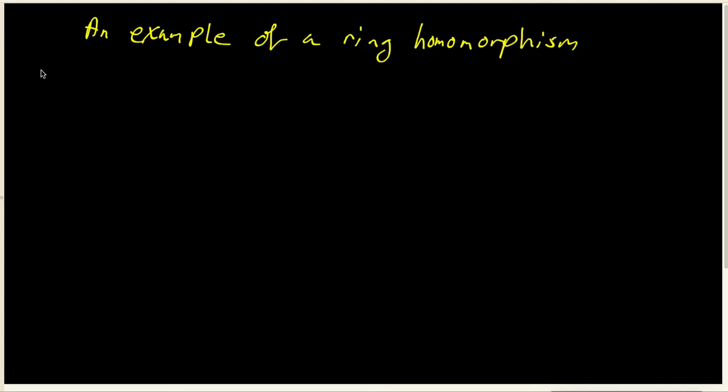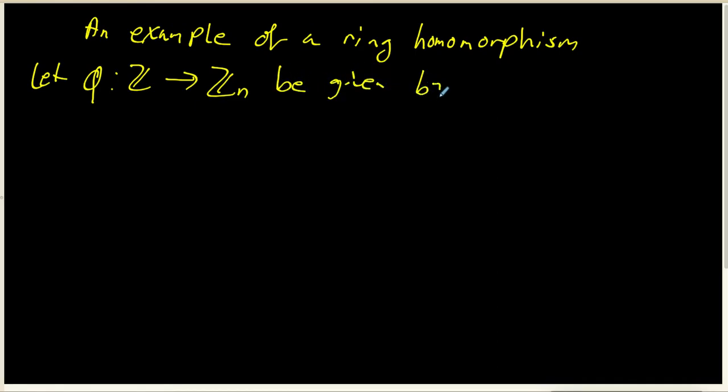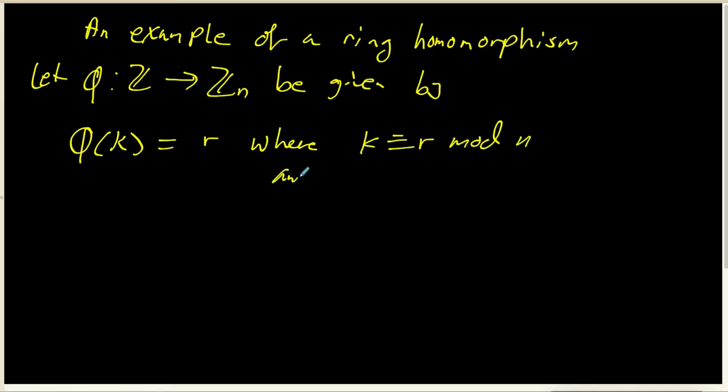So what we're going to do is let phi be defined as going from the set of integers to the set of integers mod n, and we're going to say that phi is given by the formula that phi of any integer k is going to be equal to r, where k is congruent to r mod n, and of course r needs to belong to the set 0, 1, all the way up to n minus 1, which are the formal symbols of Zn.